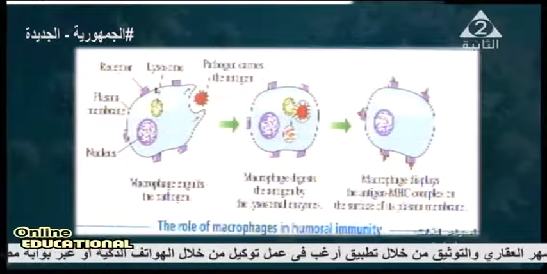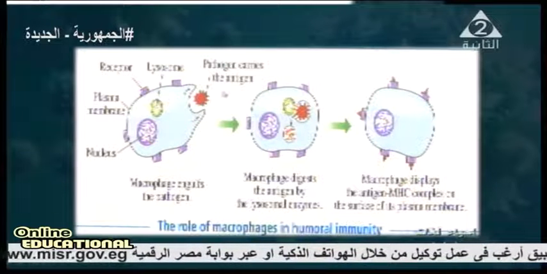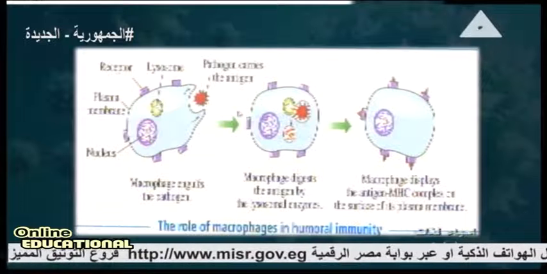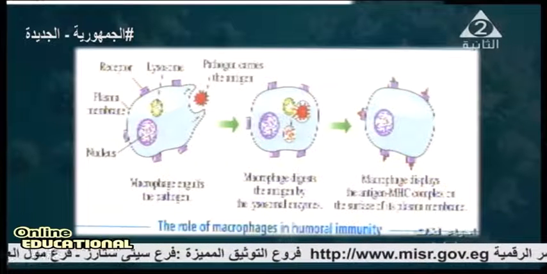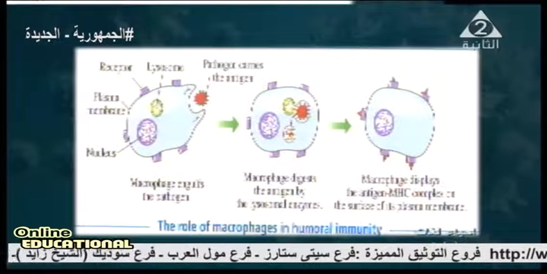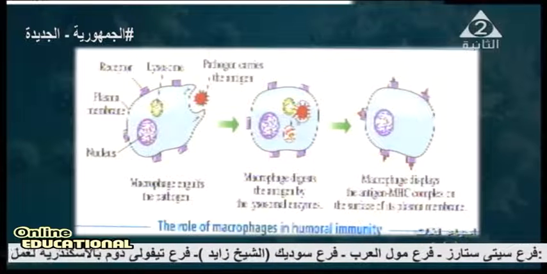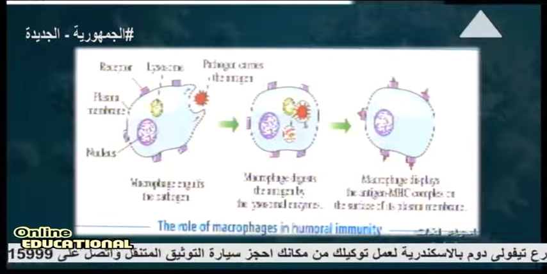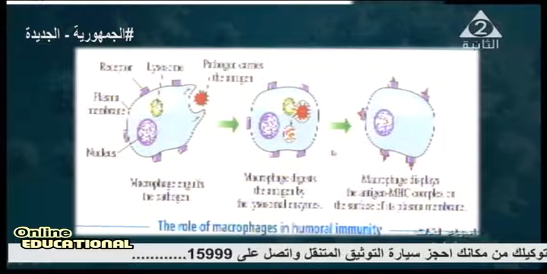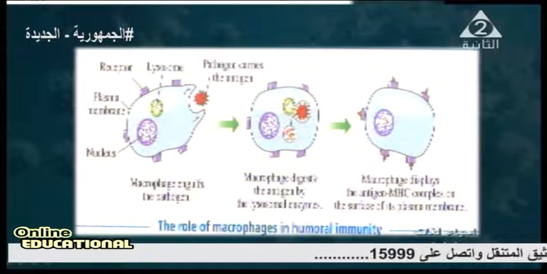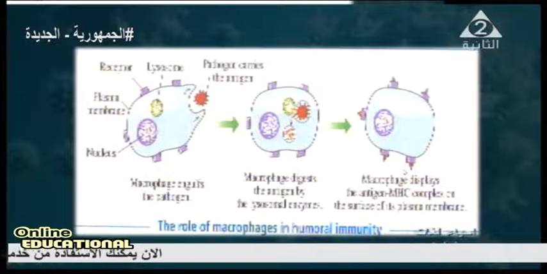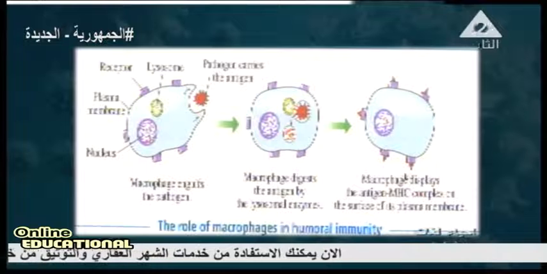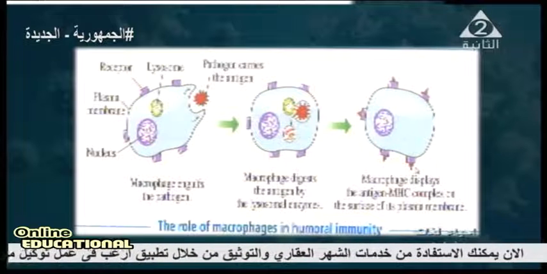This is the receptor of antigen. You can recognize it, and after recognizing, take it inside the cell. And what happens after that? The lysosome combines with it to lyse it. Lysis means killing it. Then the macrophage, after digesting this antigen by lysosomal enzymes, displays the MHC complex at the surface of the plasma membrane to get rid of this toxic or pathogen substance.